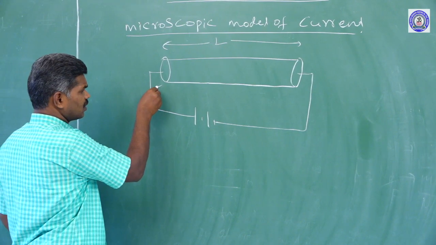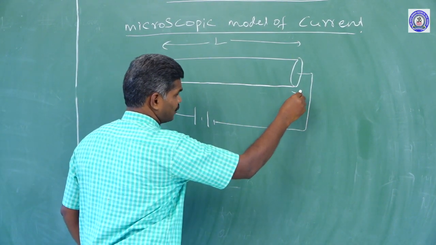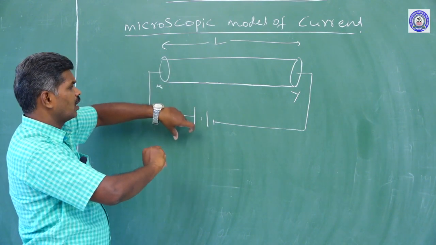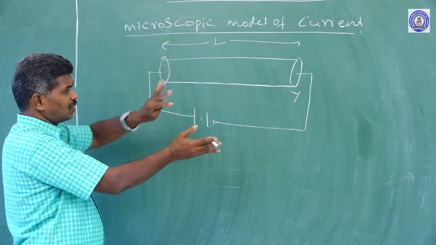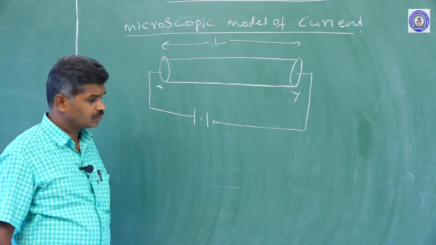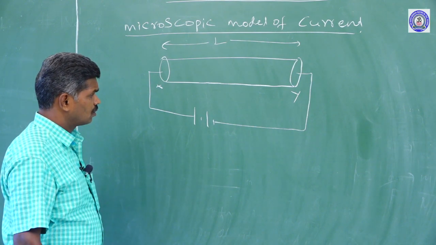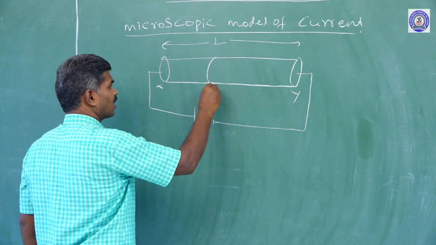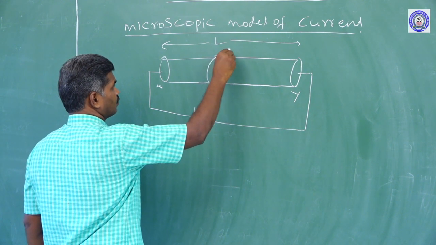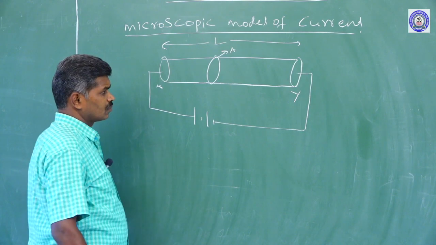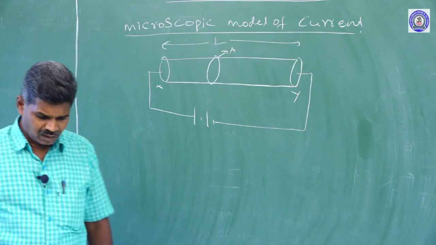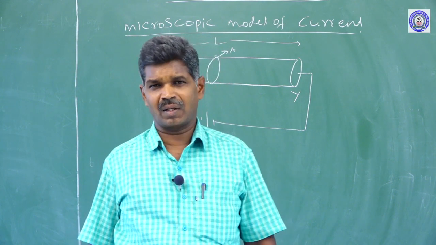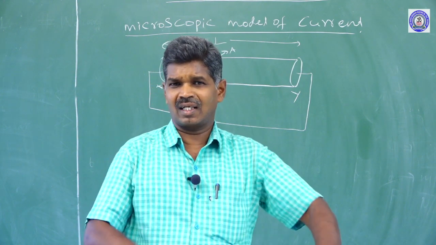This end is represented as X and this end as Y. Before switching on the battery, the free electrons move in a random manner. We take another factor, the area of cross section of the conductor, A. Any conductor has a certain number of free electrons, based on the electron density.